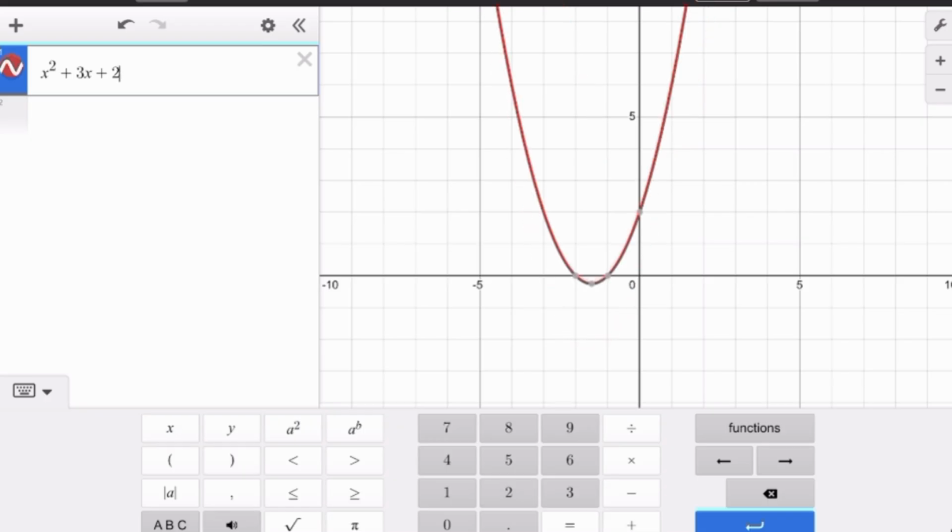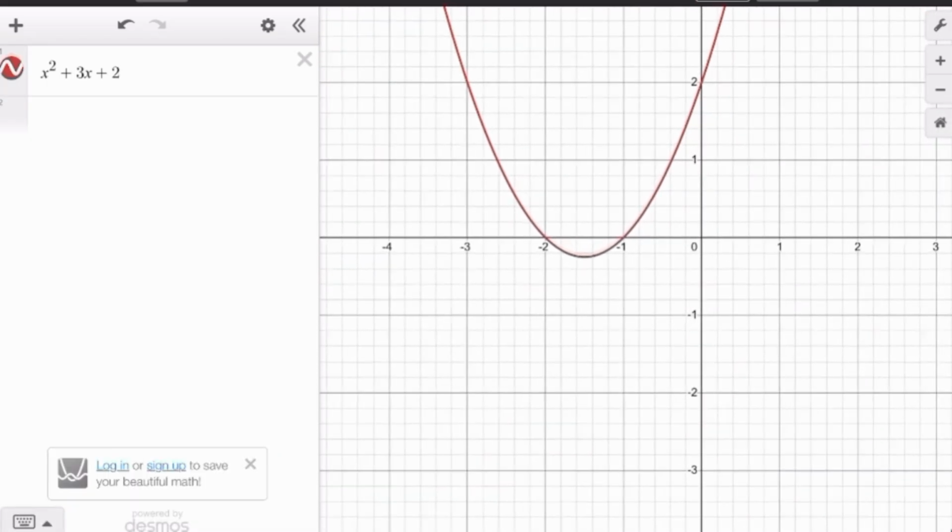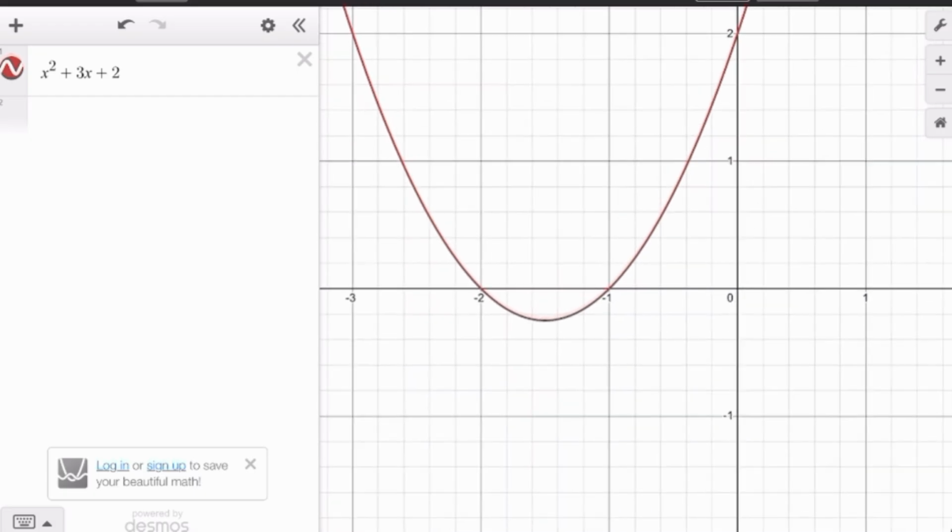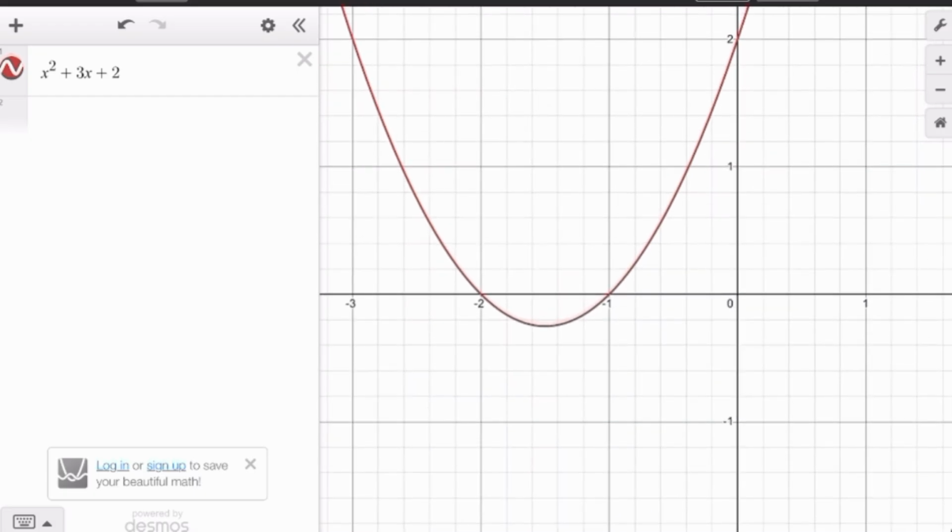Okay, so there's our graph. Now let's expand that out and see where it crosses the x-axis. It looks like minus 2 and minus 1. So that verifies graphically what we just did mathematically. That's the roots of that equation.